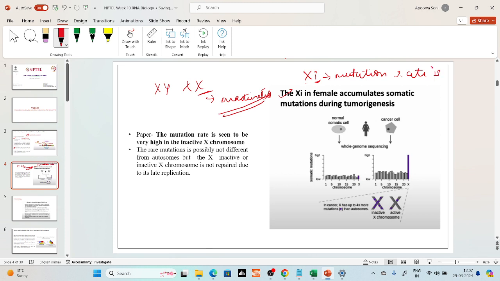has a very high mutation rate. But we know that mutations can be repaired during replication by the process of DNA repair. These mutations are not repaired because the inactivated X chromosomes have a very late replication.